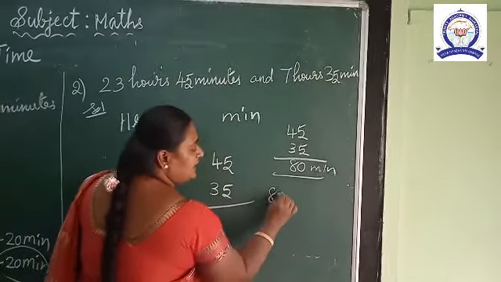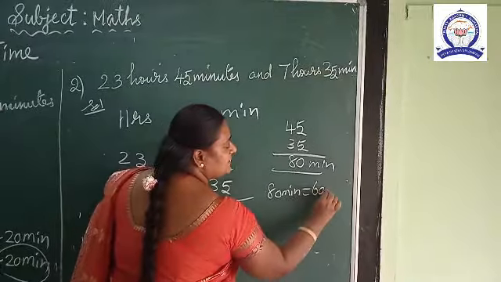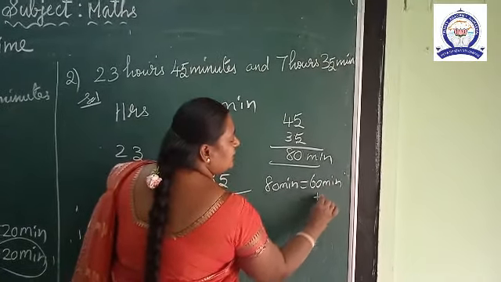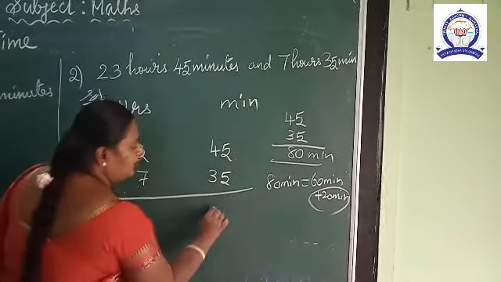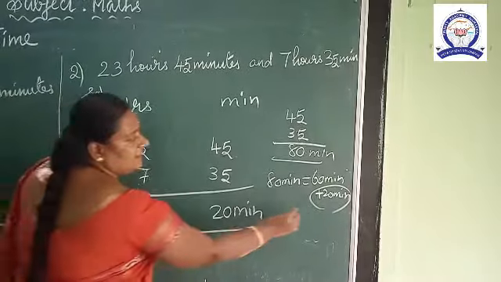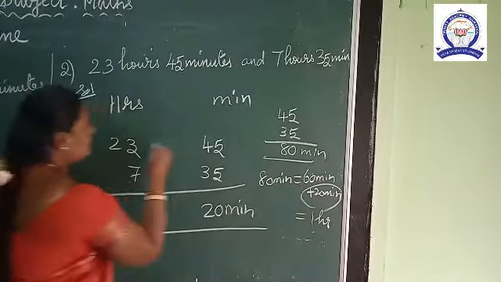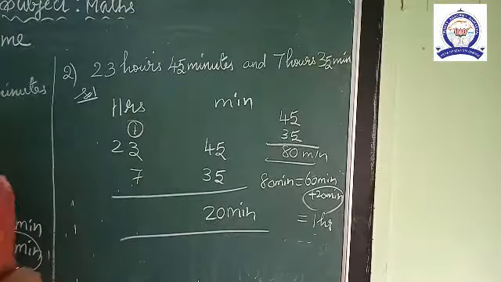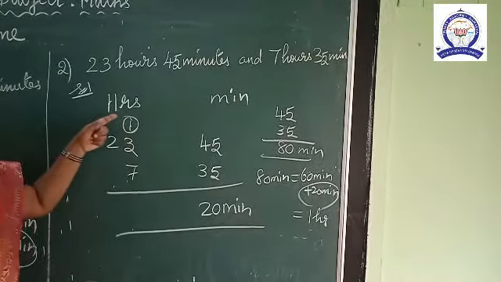So 80 minutes can be split like this: 60 minutes plus 20 minutes. Same as before. So 20 minutes, you write in the minutes column, 20 minutes. Then instead of writing 60 minutes you have to write 1 hour. So 1 is carry over here, to the hours column.